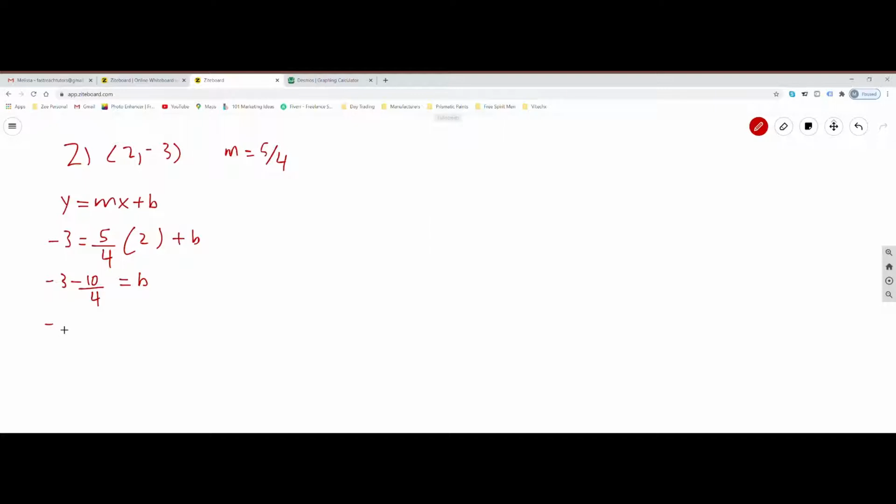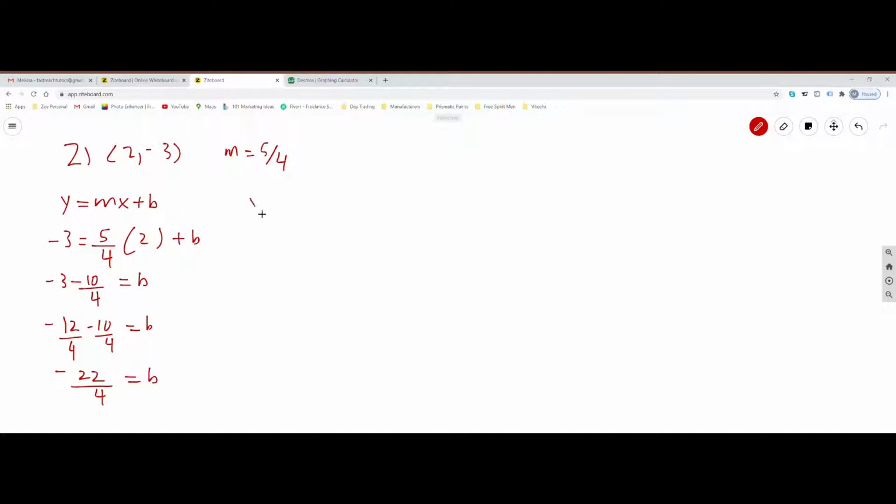So negative 3 can be written as negative 12 over 4. So 12 over 4 is equal to 3. Negative 12 over 4 minus 10 over 4 equals b. Negative 22 over 4 equals b.